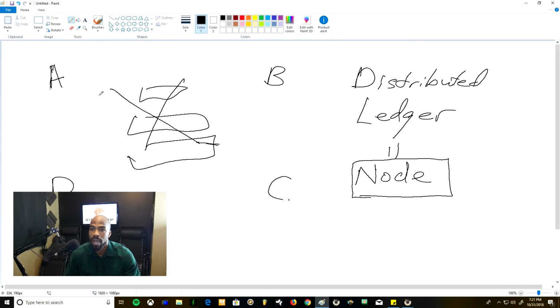let's imagine. I'm sorry, I'm having trouble. A has its own copy of the ledger. D has its own nodes. C has its own nodes.